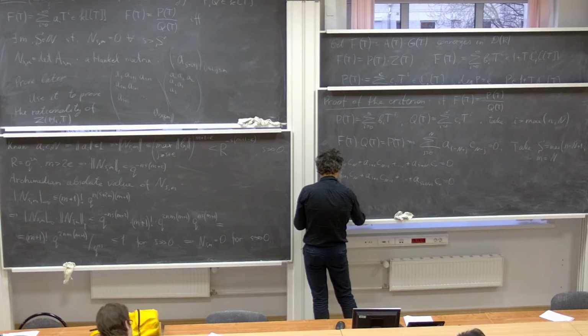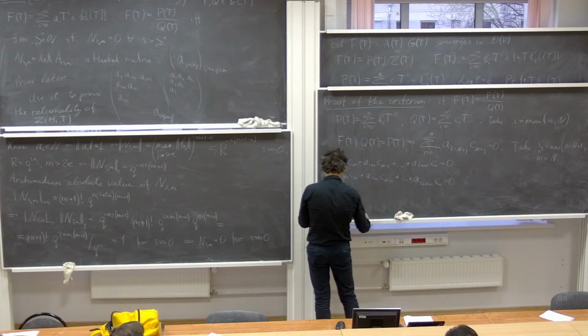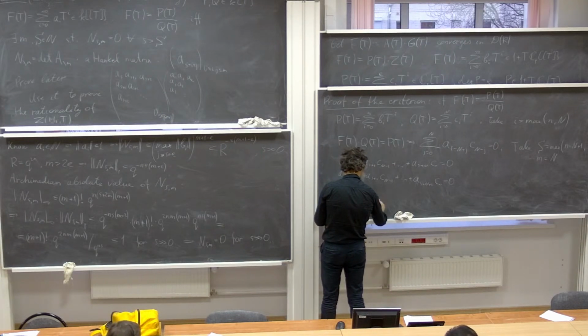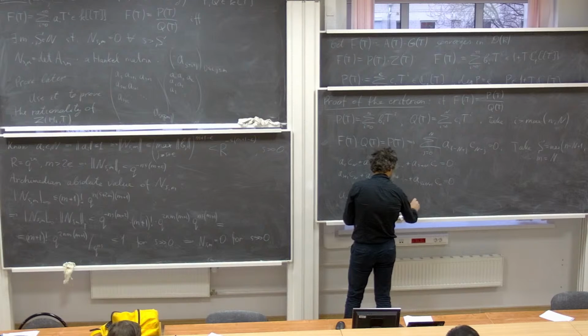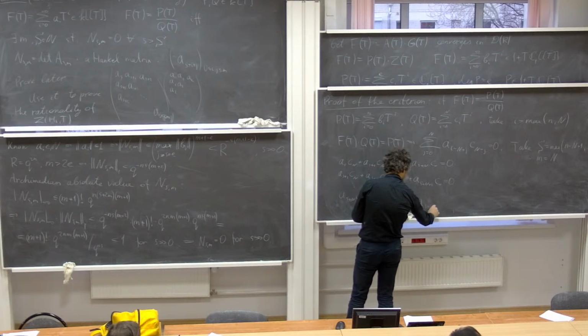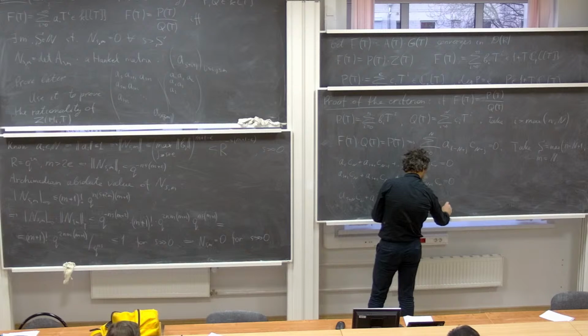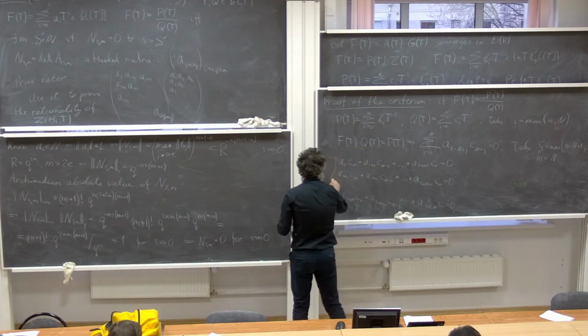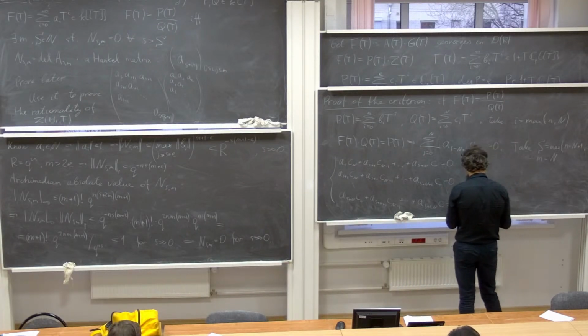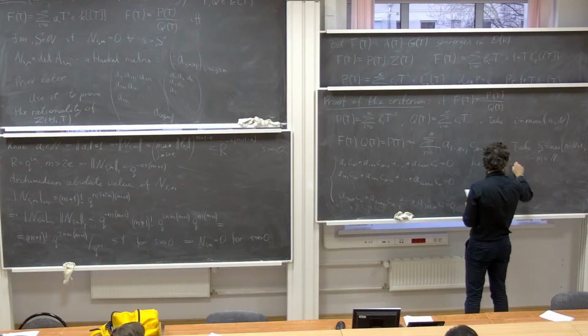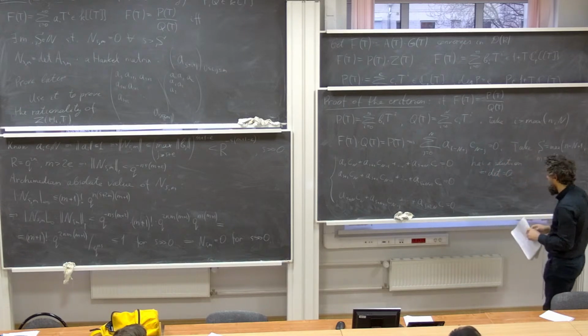Finally a_(S plus capital N) c_N plus a_(S plus capital N plus 1) c_(N minus 1) plus and so on plus a_(S plus 2N) c_0 equals 0. Okay, so it has a solution. Hence the determinant must be zero.